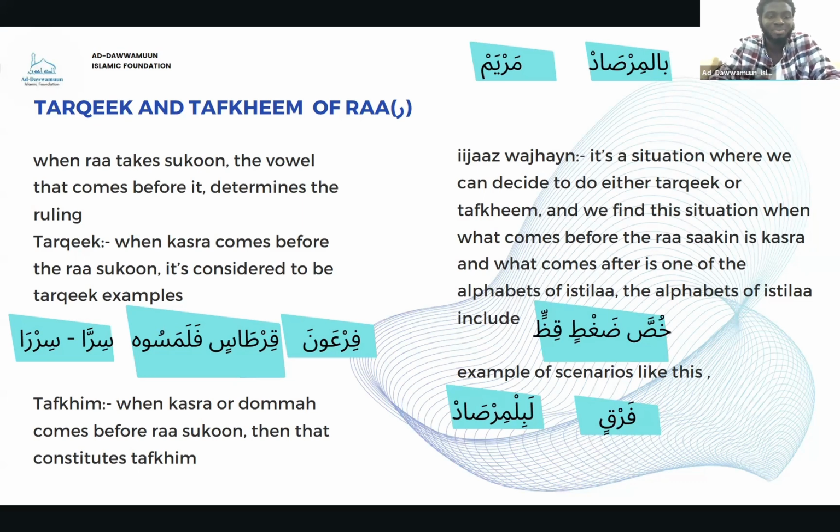What is Tarqeeq? When Kasra comes before Ra, it is considered to be Tarqeeq. For example, Fir'aun. When I wanted to pronounce the Ra, it was pronounced while my mouth was what? Put behind. Fir'aun.